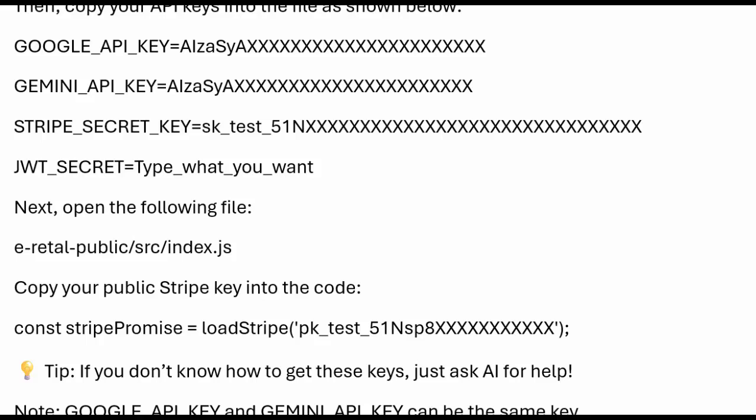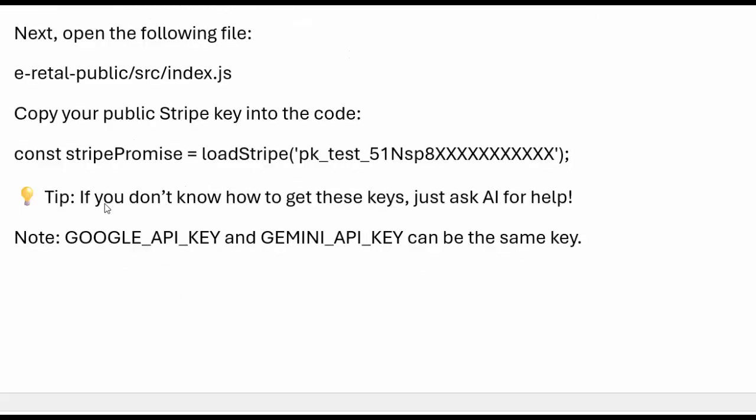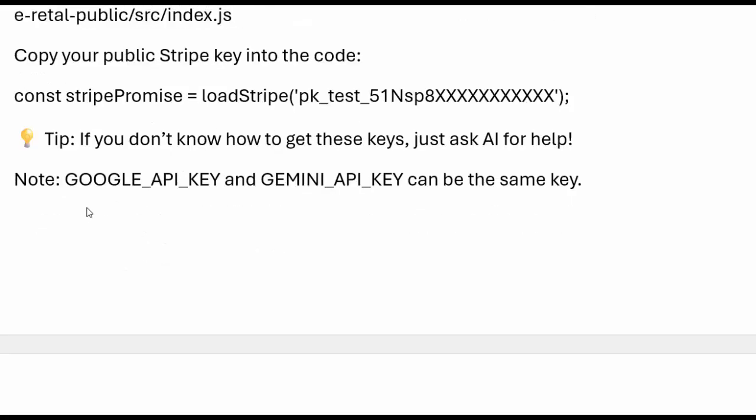Next, open the following file, copy your public Stripe key into the code. Tip: if you don't know how to get these keys, just ask AI for help. Know that Google API key and Gemini API key can be the same key.